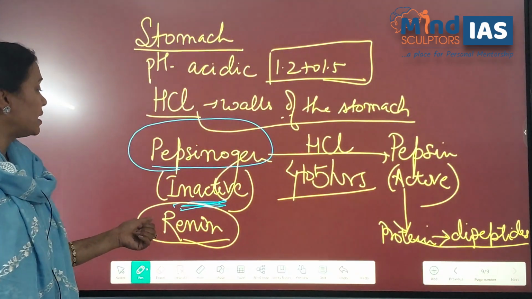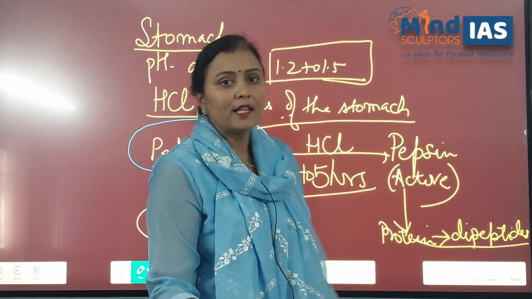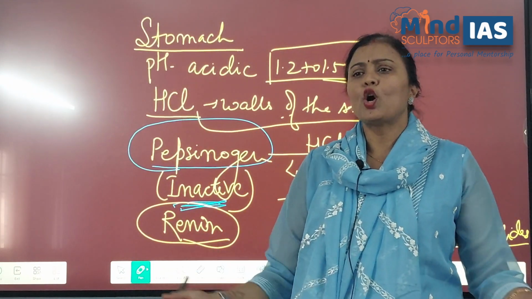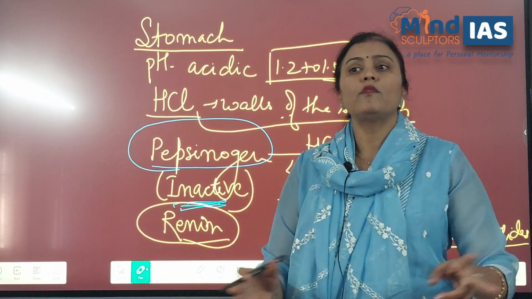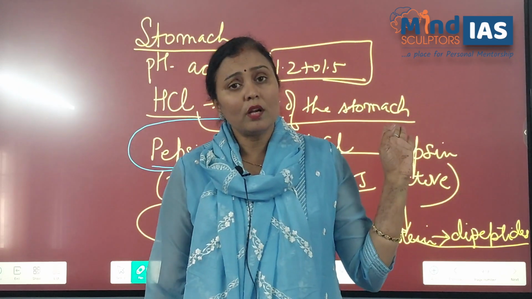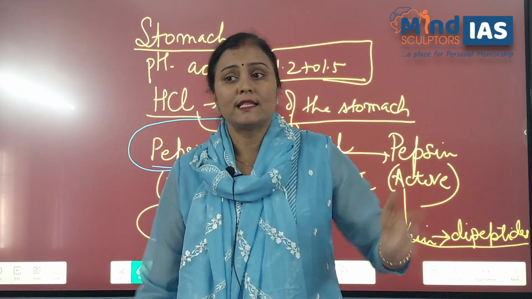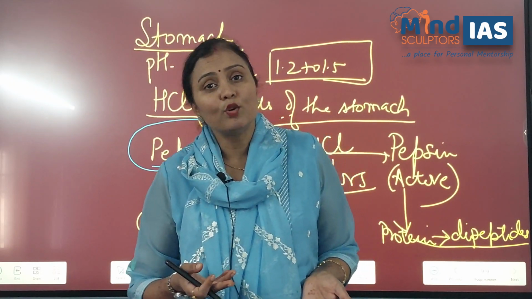And one more thing is very important. I am telling you that HCl is secreted. You know, HCl is a very strong acid. If we talk about strong acids, there are two we are more concerned about, HCl and sulfuric acid. So such a strong, dangerous acid is secreted inside the human stomach, and how is it not affecting the stomach?